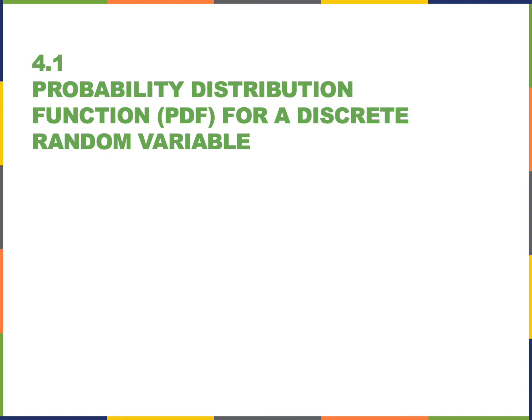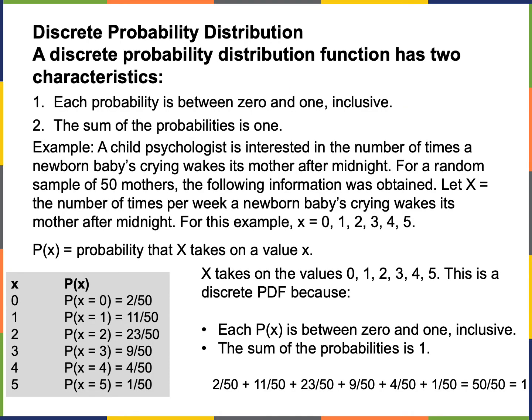So 4.1 talks about probability distribution function for a discrete random variable. Remember, discrete is countable, things that we can count. So a discrete probability distribution, right? Remember, the function itself has two characteristics.